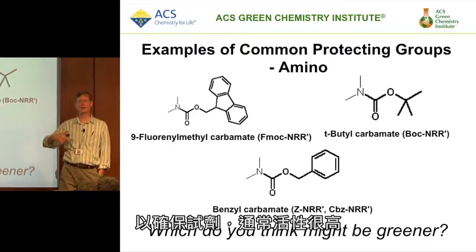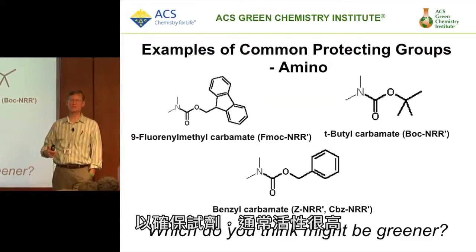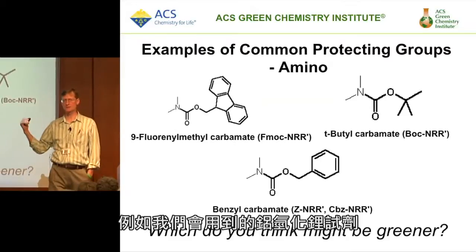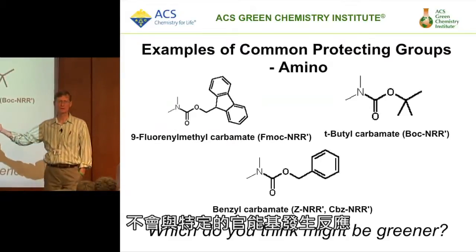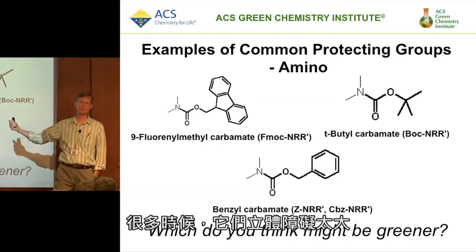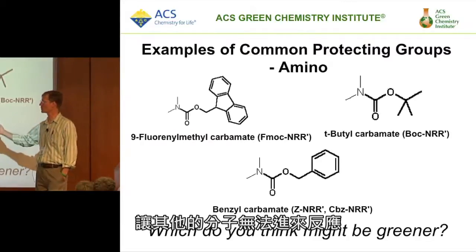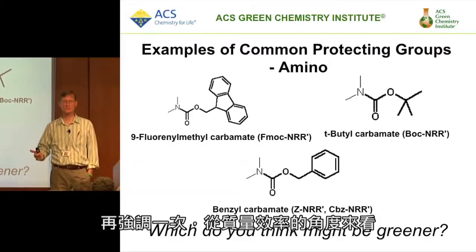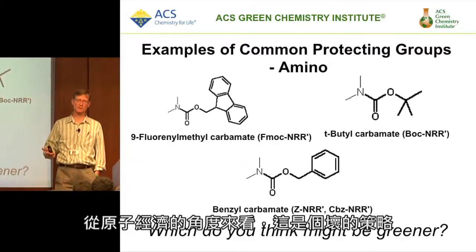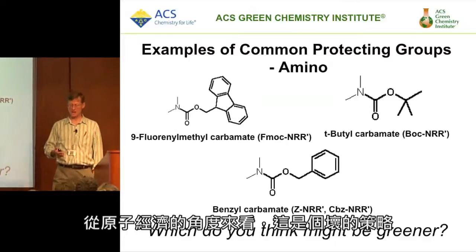We want to make sure that the reagents, usually pretty aggressive, that we're using, like lithium aluminum hydride, won't react with that particular functional group. So they're many times sterically hindered so that the other molecule cannot get in. And once again, from a mass efficiency perspective, from an atom economy perspective, this is a bad strategy.